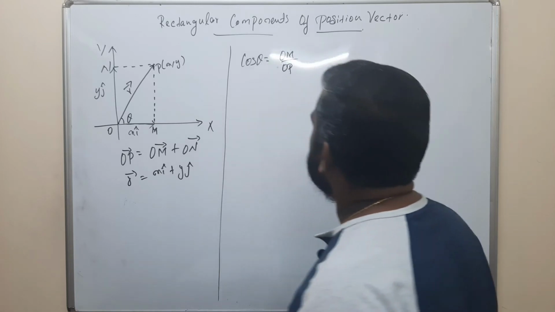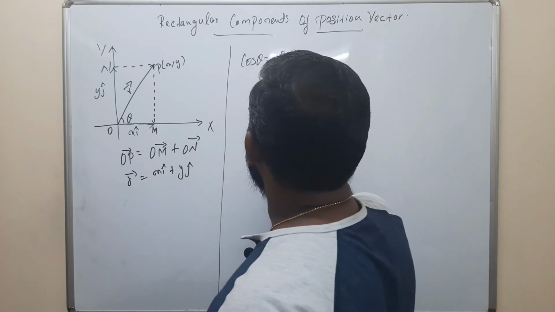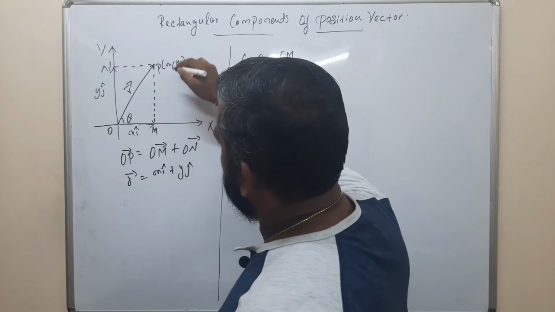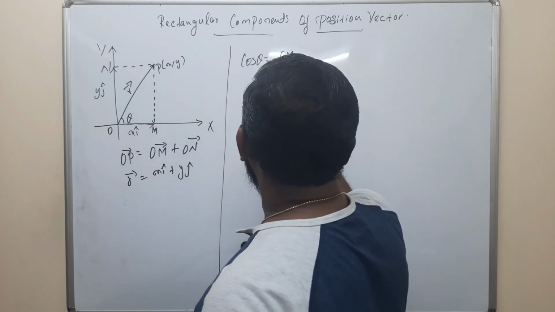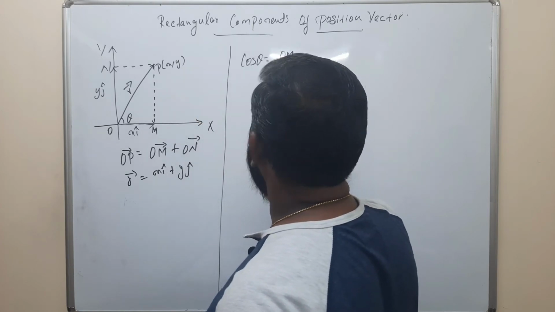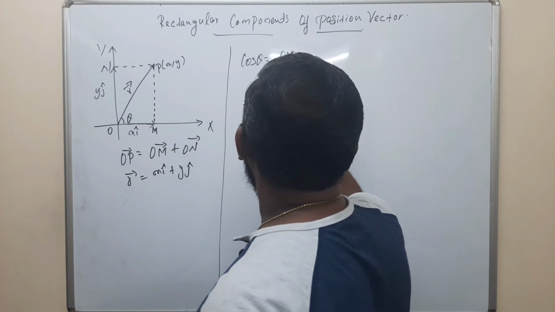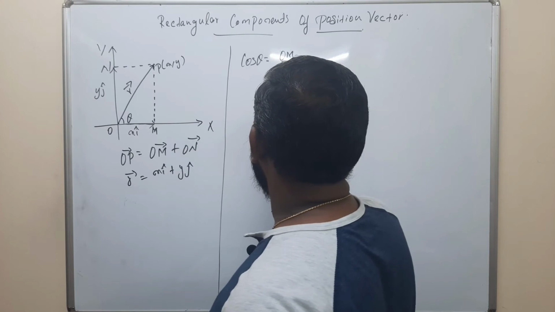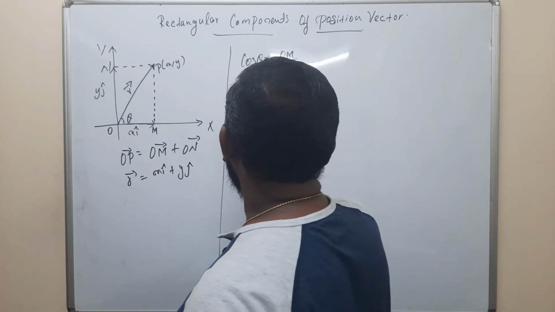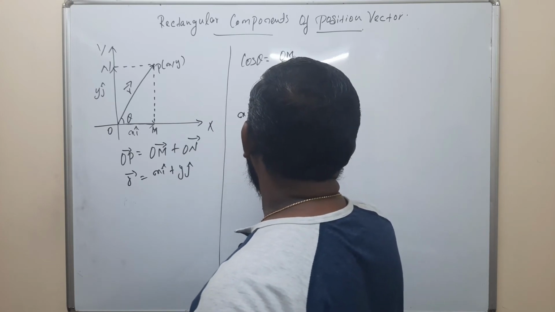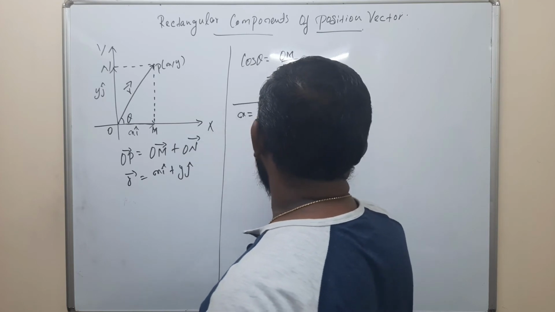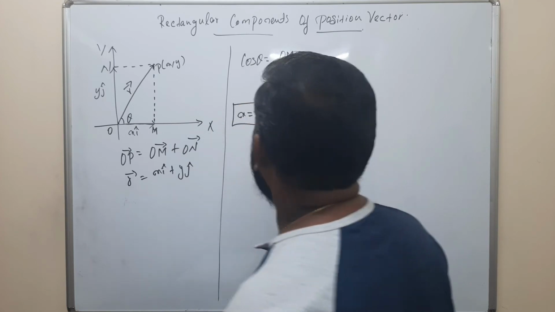So what is OM? That is x, divided by OP, that is R. So from this, x is equal to R cos theta. So that is the horizontal component.